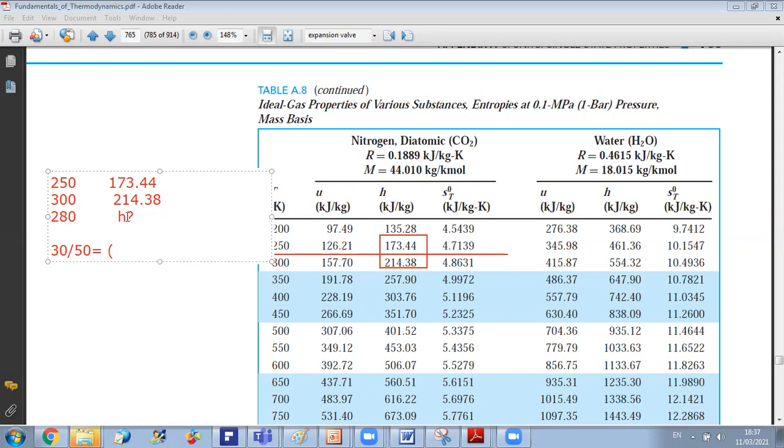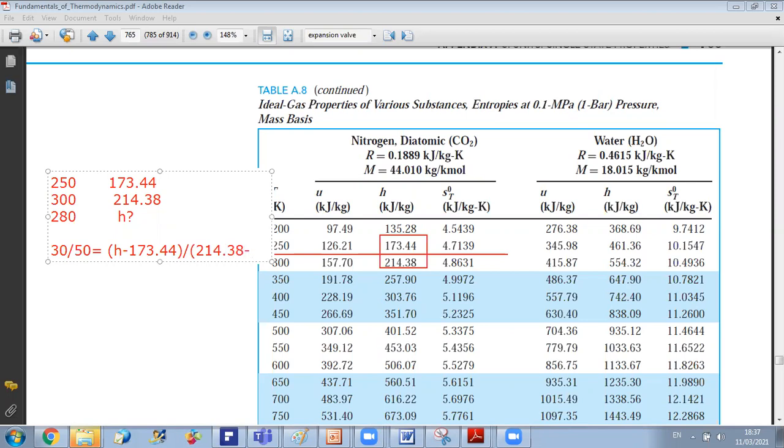H at 280 is unknown, so it's H minus 173.44, because I'm taking the value at 250, over the difference between H at 300 and H at 250, so 214.38 minus 173.44.